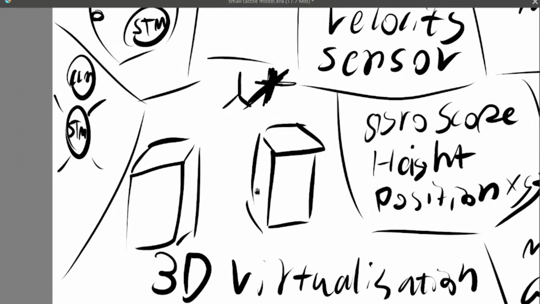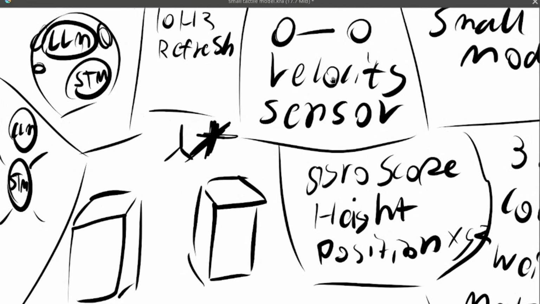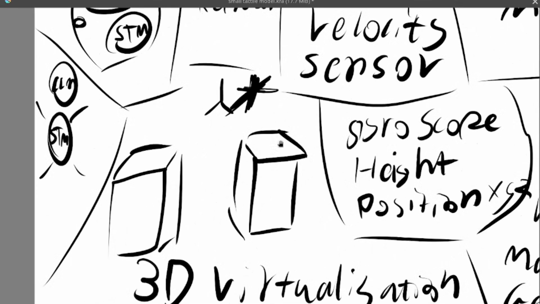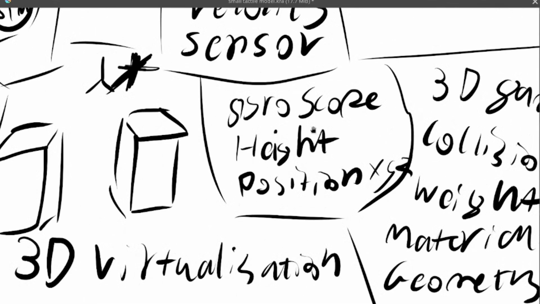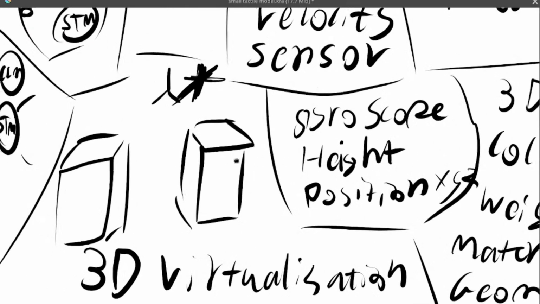And its own body would be 3-dimensionally virtualized, and you could feed it its movement data, and it would understand rotation and position, which are the main 2 things of its body.